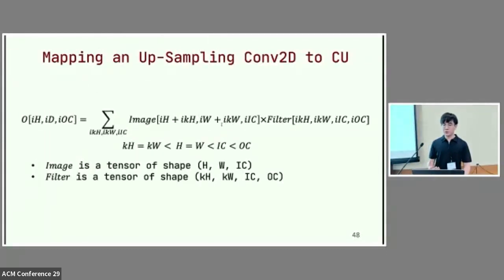Here we show an example of mapping a convolution 2D to a computation unit. For the given Einstein summation expression, we have the following dimensions: kh and kw, the kernel dimensions; h and w, the dimensions of the image tensor; IC, the input channel of the image tensor and of the filter; and OC, the output channel of the filter.